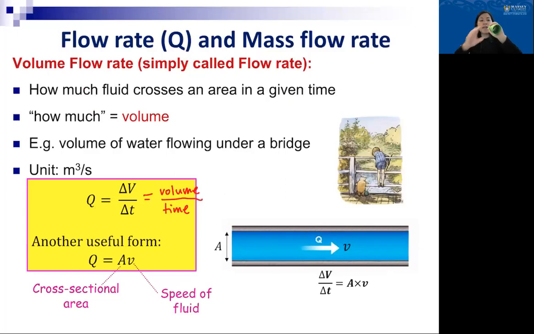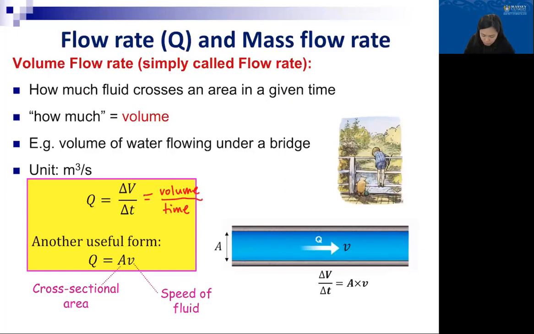And it also depends on how fast the fluid is flowing through the pipe, right? Because if you think about it, if you have, say, this pipe of some cross-sectional area A, a pipe with a certain size, if the fluid flows so quickly through this cross-sectional area, then you have a lot of fluid flowing through this area at any given time, as opposed to when the fluid flows slower through this cross-sectional area, then the flow rate would be smaller as well, right?